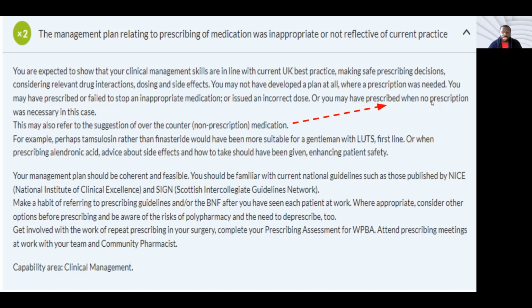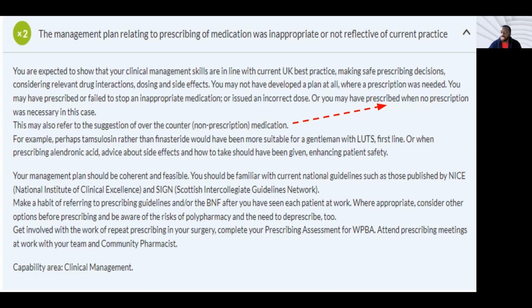You may have prescribed when no prescription was needed. So this exam is such that if you do something, especially in your management, that you shouldn't do, that can cancel all the good things you said. So if you said 5 things in your management, if 4 of them are correct and 1 is incorrect, that 1 incorrect management plan can be enough for you to fail your management.